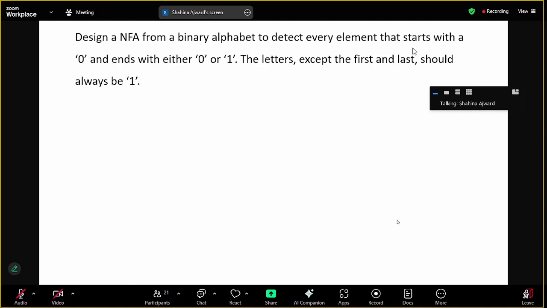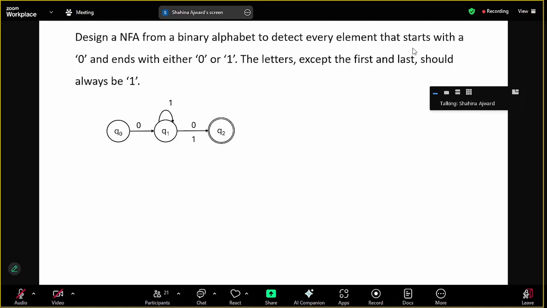Okay, let's see how we can draw this. Here what you have to do is design an NFA to detect every element that starts with 0 and ends with either 0 or 1.